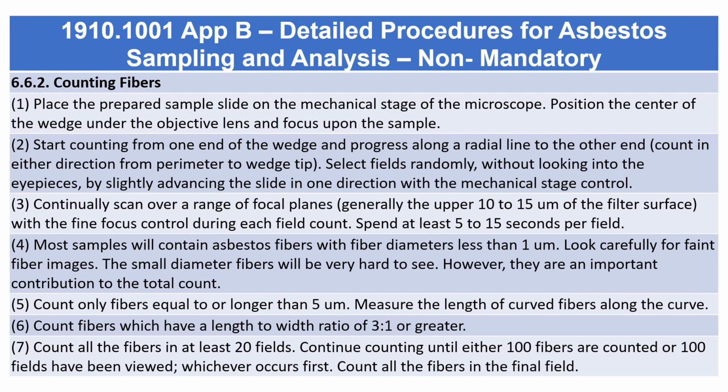Measure the length of curved fibers along the curve. 6. Count fibers which have a length to width ratio of 3 to 1 or greater. 7. Count all the fibers in at least 20 fields. Continue counting until either 100 fibers are counted or 100 fields have been viewed, whichever occurs first. Count all the fibers in the final field.